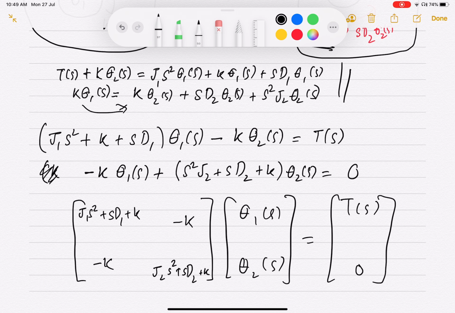If you look at this matrix equation, you will very easily see that you could have got it by inspection also.